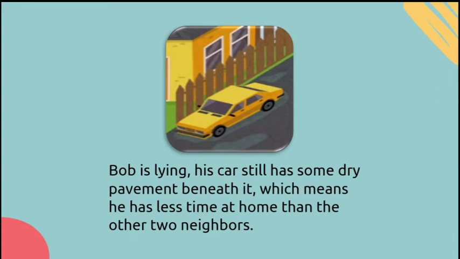Bob is lying because his car still has some dry pavement beneath it, which means he has less time at home than the other two neighbors. Did you guess? I hope you did. Thank you for playing. Let's continue.